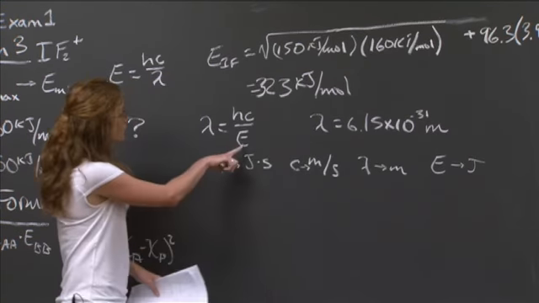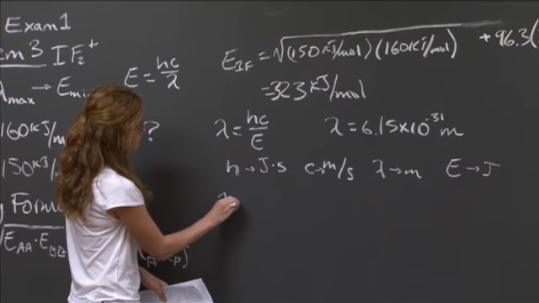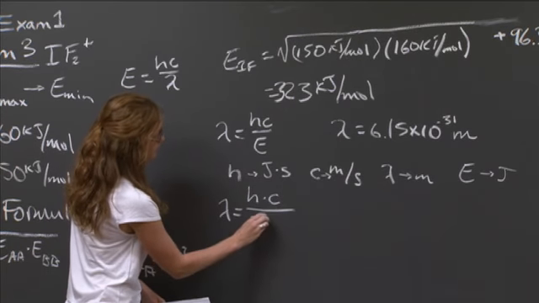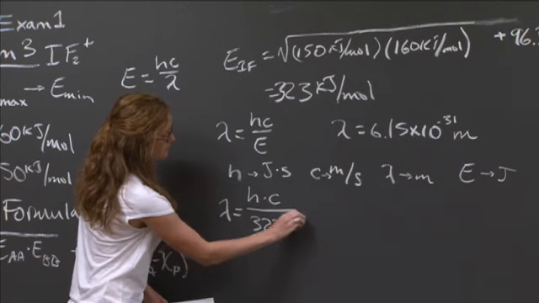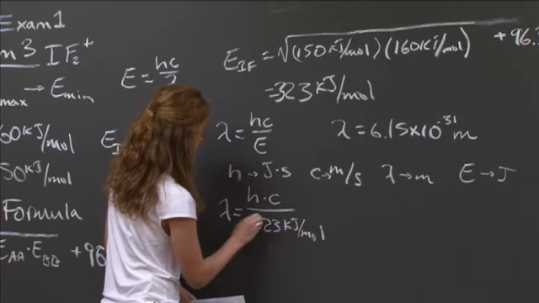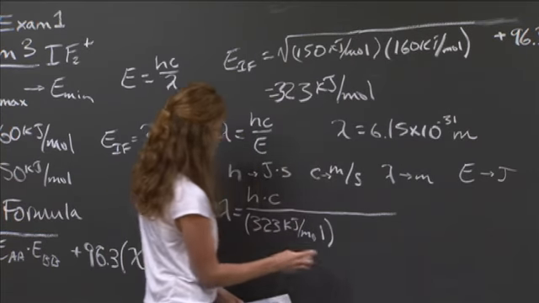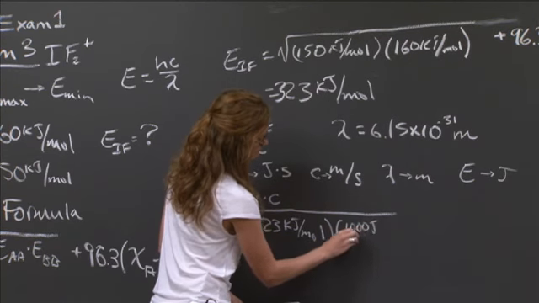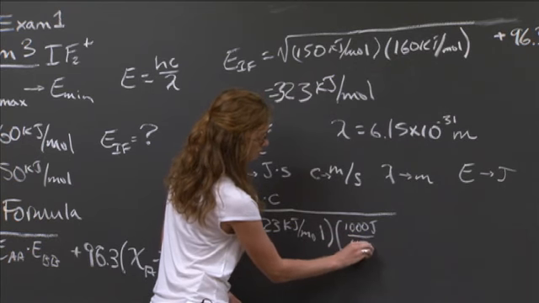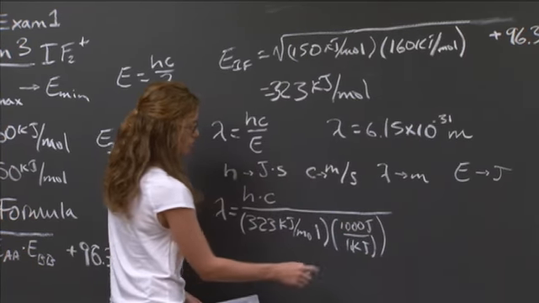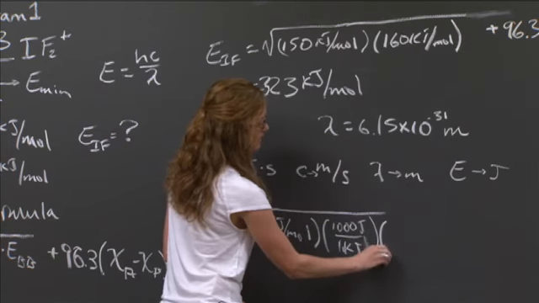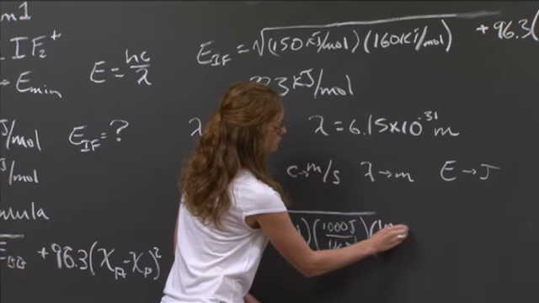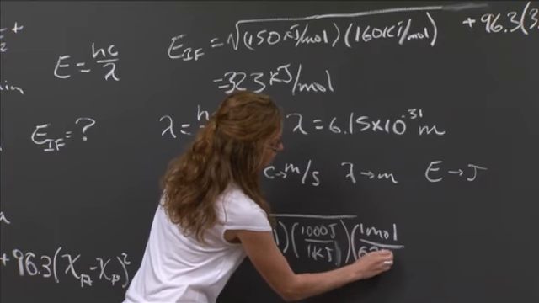So instead of just having this equation, we'd want to put in h times c over 323 kilojoules, change it to joules, and then multiply by, since moles are on the bottom, 1 mole over Avogadro's number.